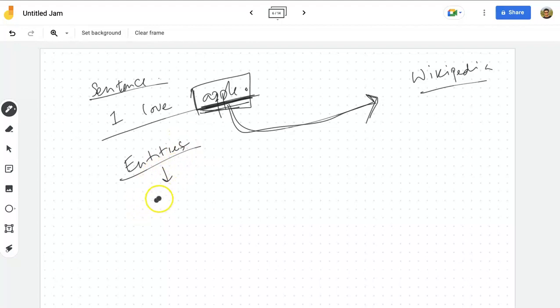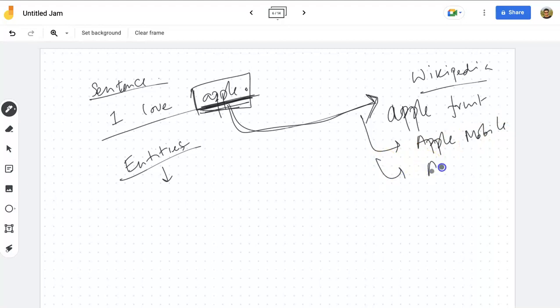Suppose for the word apple, there can be multiple Wikipedia pages. There can be a page called apple fruit. There can be another page for the Apple iPhone or mobile kind of thing. Maybe there can be another page for Apple the company. There can be multiple possibilities.